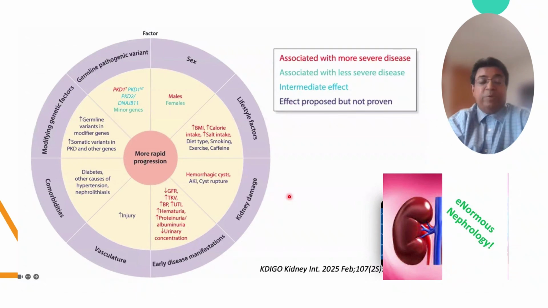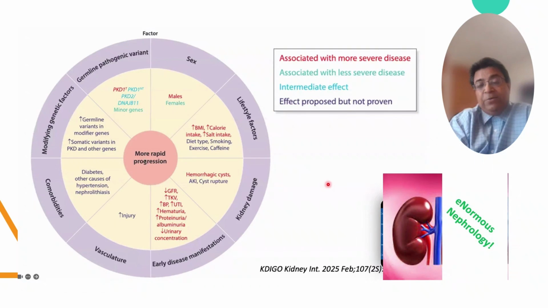What contributes to progression of CKD in ADPKD? There are some factors which are definitely associated, some which are proposed, and some which are associated with lesser severity. The more pronounced factors include decreasing GFR, increasing total kidney volume, hypertension, UTIs, hematuria, proteinuria, and increased BMI, increased caloric intake, increased salt intake.